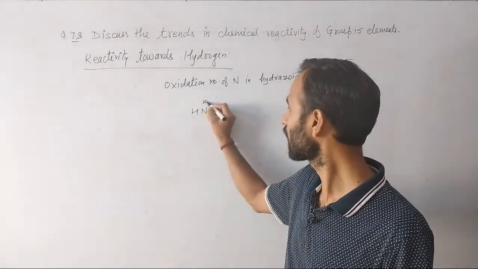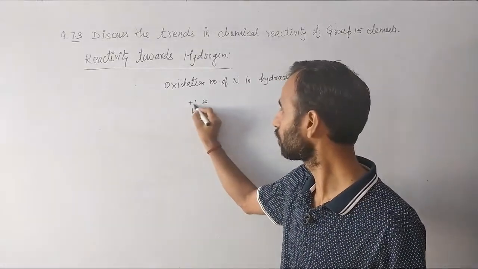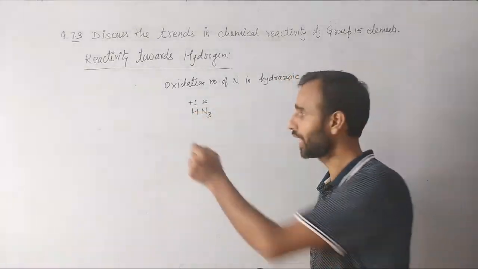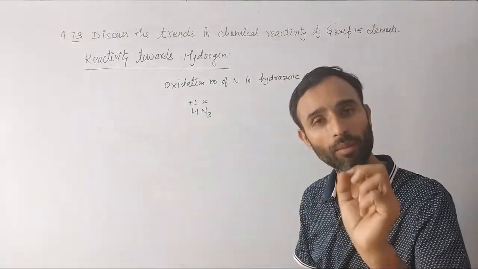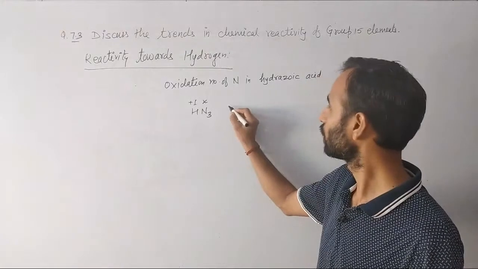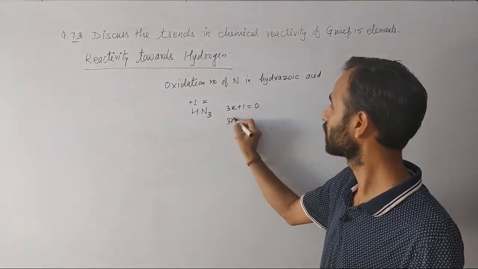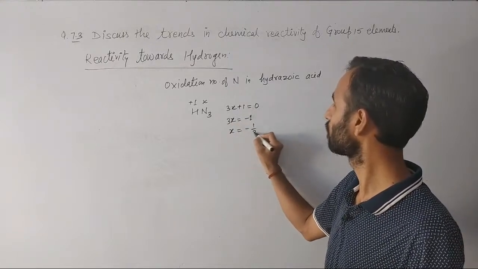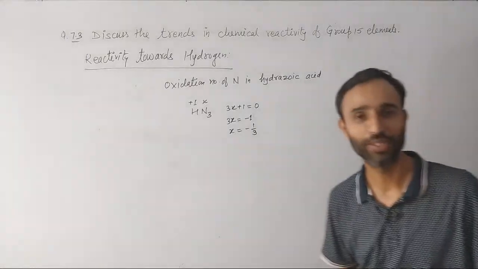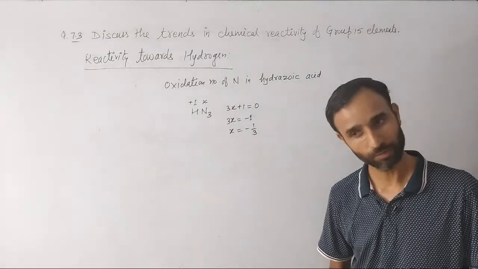So nitrogen gets x, and hydrogen, being less electronegative than nitrogen, should have +1 charge. So we can write it as 3x plus 1 equal to 0. Means 3x equal to -1. So x is equal to -1/3. That's it. So this type of question may be asked. Okay, done.